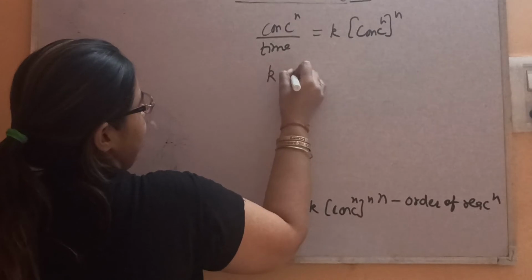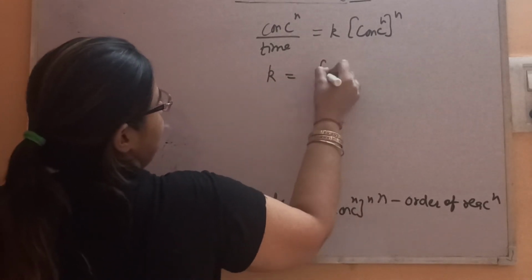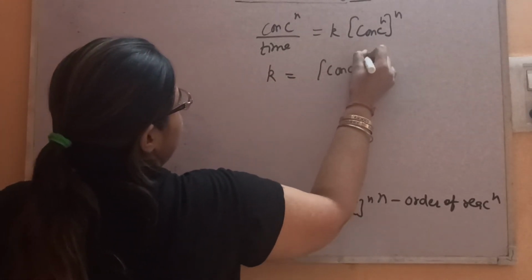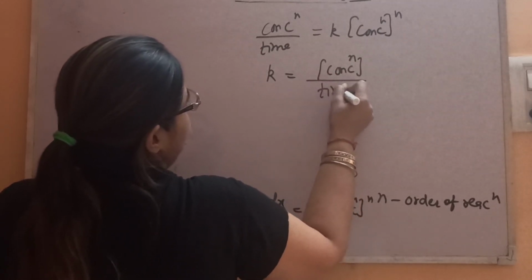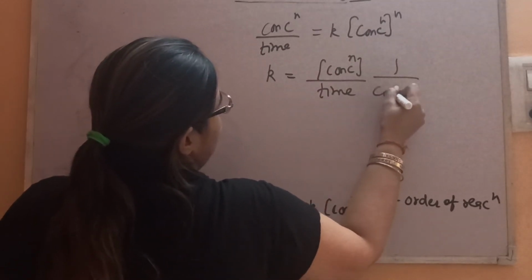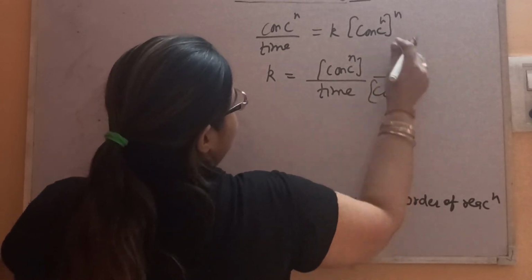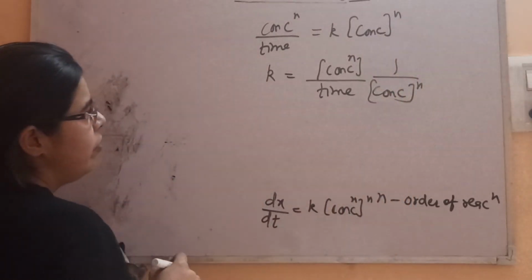So let's find out the units of K, the rate constant. So concentration divided by time, 1 upon concentration to the power n.